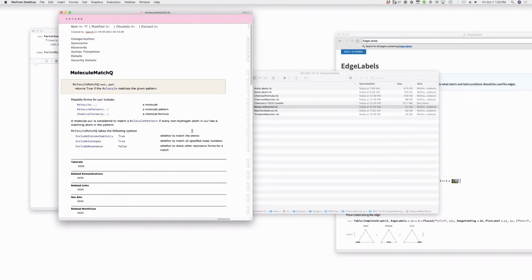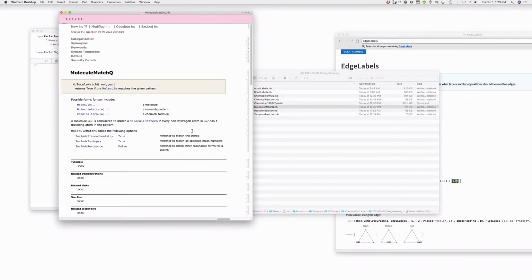Yeah. So if that's the case, I'm okay with MoleculeMatchQ being the primary thing, because I suspect our sorting function, well, our same test functions, are going to binarize the way they feed their arguments. So I'm good.